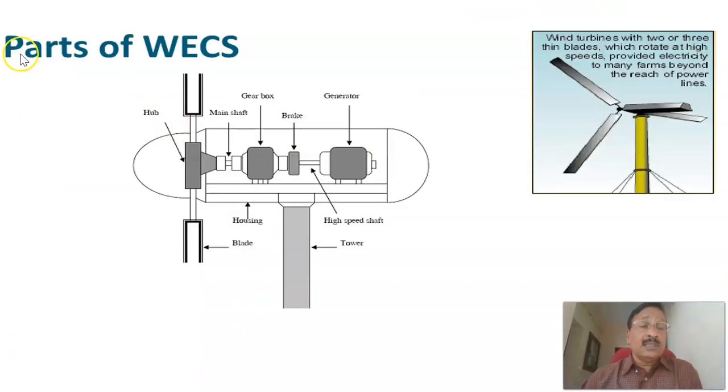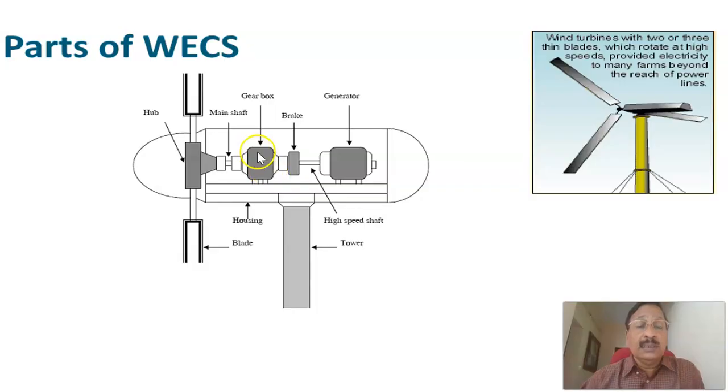We have already seen the parts of the wind energy conversion system. This is the hub that connects the blades with the shaft. This is the main shaft, and of course the gearbox is there, and that gearbox changes the torque availability.